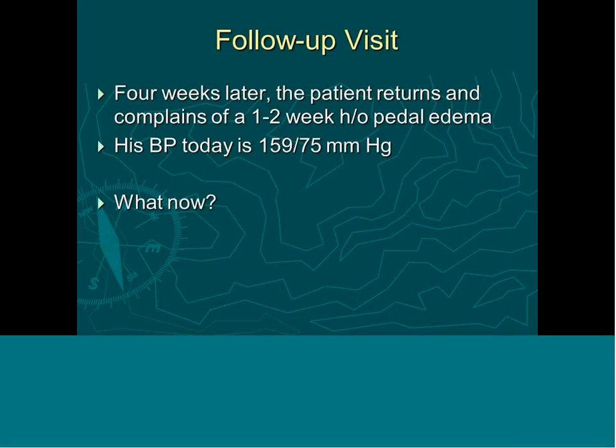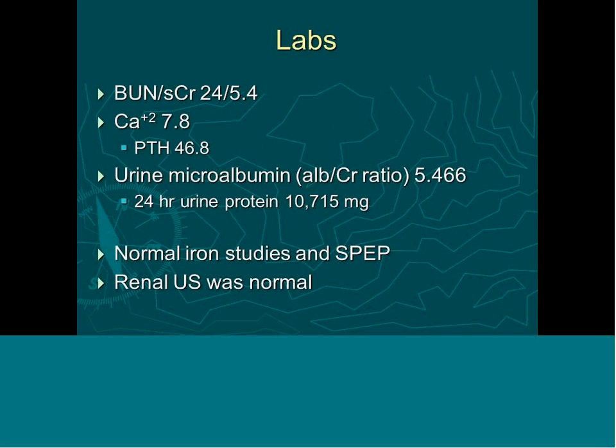Four months later, the patient returns and complains of a 1 to 2 week history of edema. Blood sugar is 975. So what now? The labs show that his creatinine has gone up to 5.4, calcium 0.8.